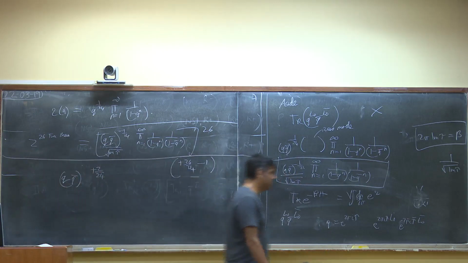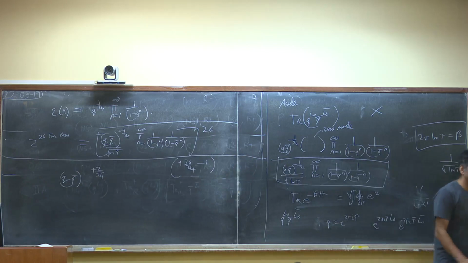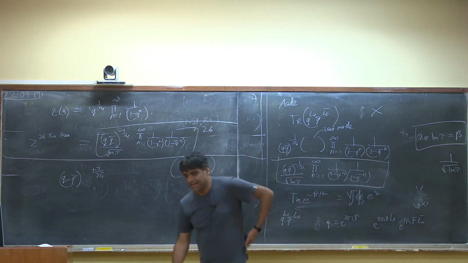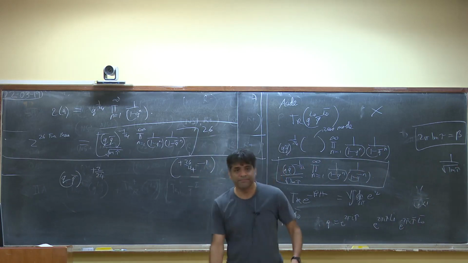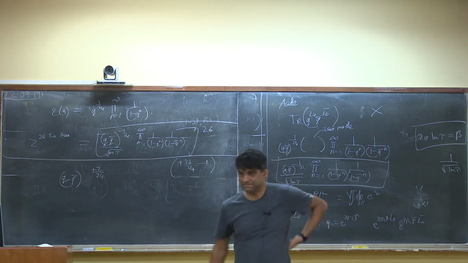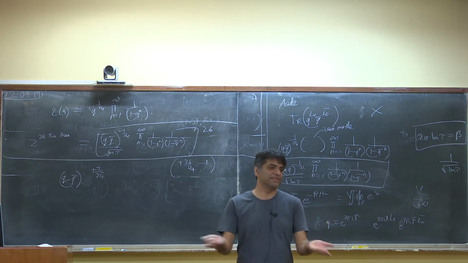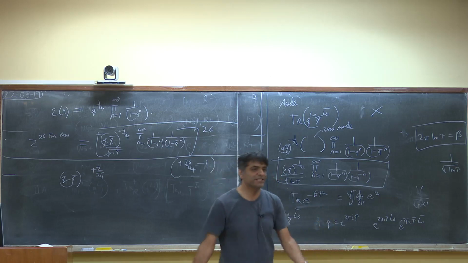Now let us look at the partition function for the BC system. Firstly, what was the spectrum of oscillations for the BC system?